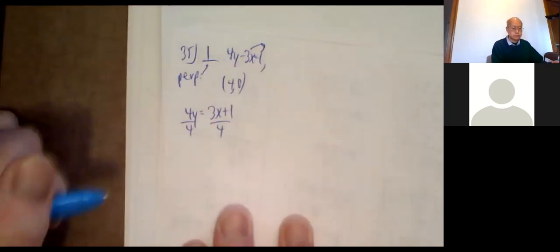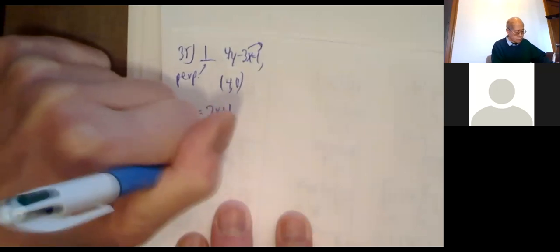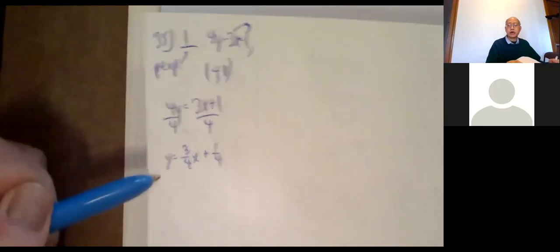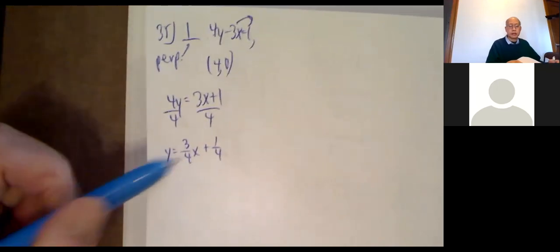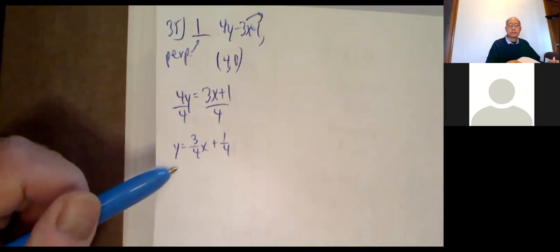Divide by 4. Okay, so to find the slope, make the equation look like y equals mx plus b. There it is. So what's my slope? 3/4.